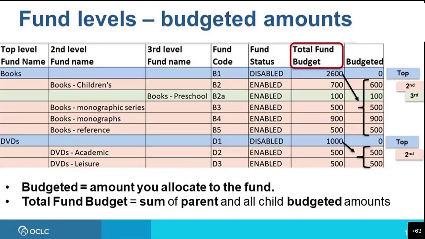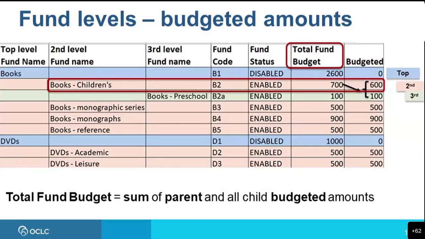But notice that the total fund budget for the Books Fund is $2,600, which is the sum of its budgeted amount, 0, and all its child funds. That is the second and third level funds under it. For the top level fund DVDs, the total fund budget is $1,000, which is the sum of its 2 child funds, DVDs Academic and DVDs Leisure.